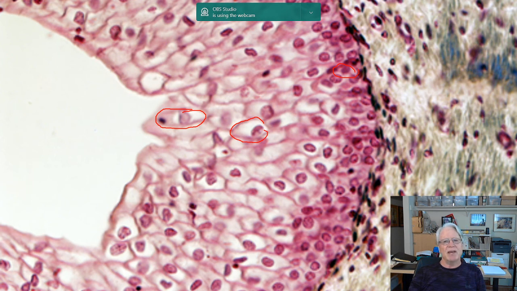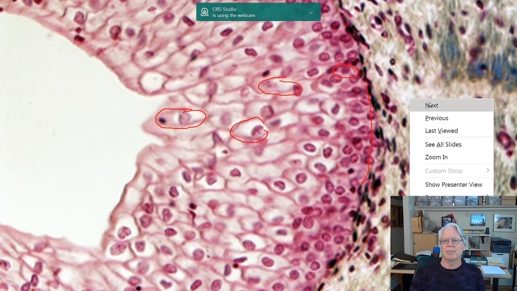Can't really describe that as columnar either. Certainly not flat. So you get all the stacked cells and no really definitional shape that you can identify readily. But you do notice that they are larger up here at the edge than they are down here at the basal surface. And so you're saying to yourself, okay, that's stratified, that's a transitional epithelium.